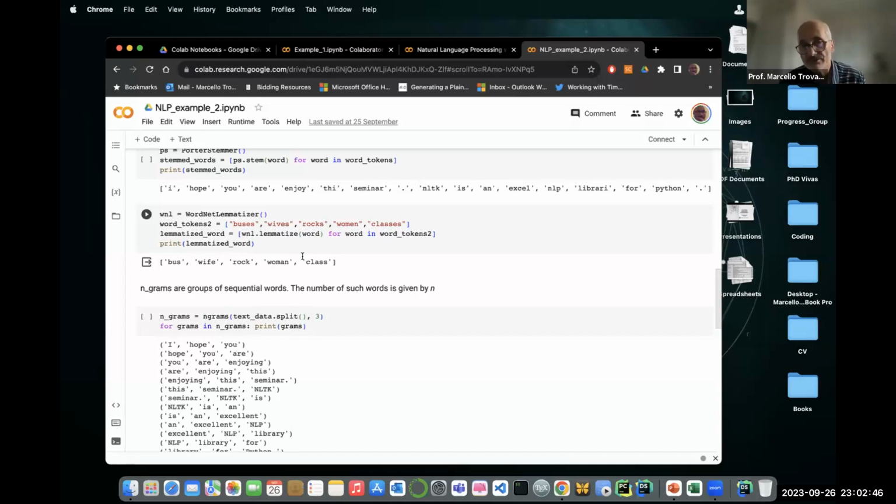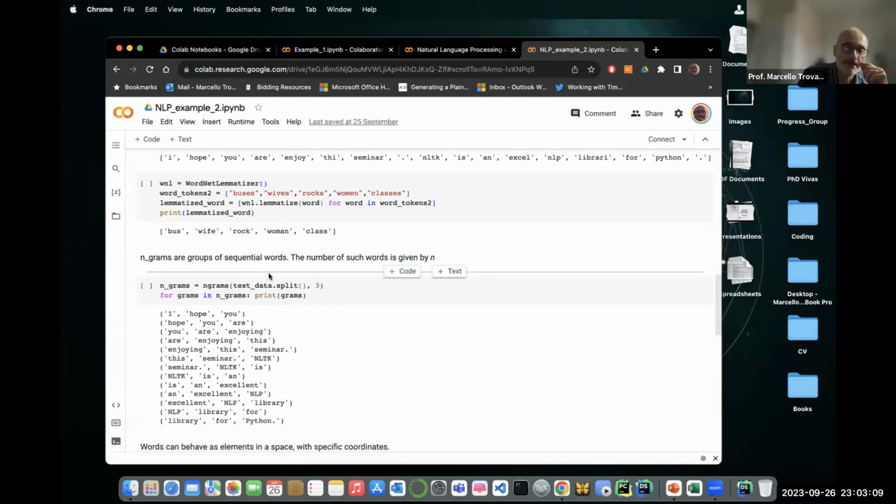It doesn't get it right all the time, but if we are extracting information, we don't want to distinguish between maybe women and woman, because they refer to the same concept, the same human with specific attributes. So we don't want to have two separate entities. The same for buses, the same for wives, etc. That type of standardization helps us with the analysis.